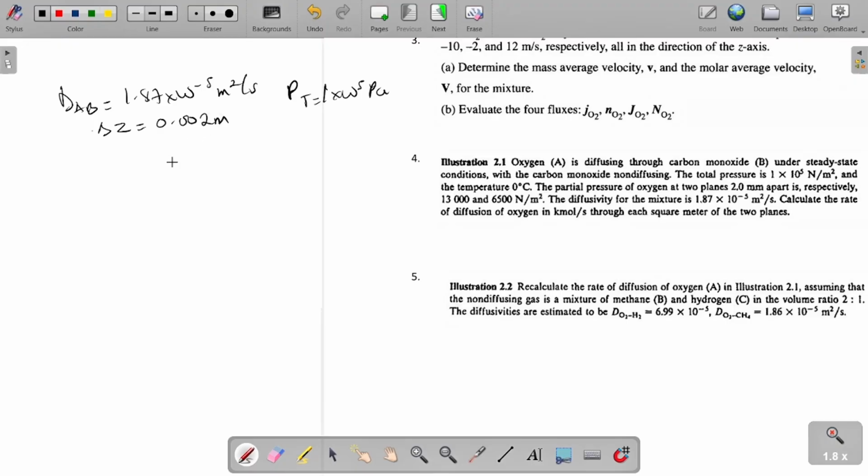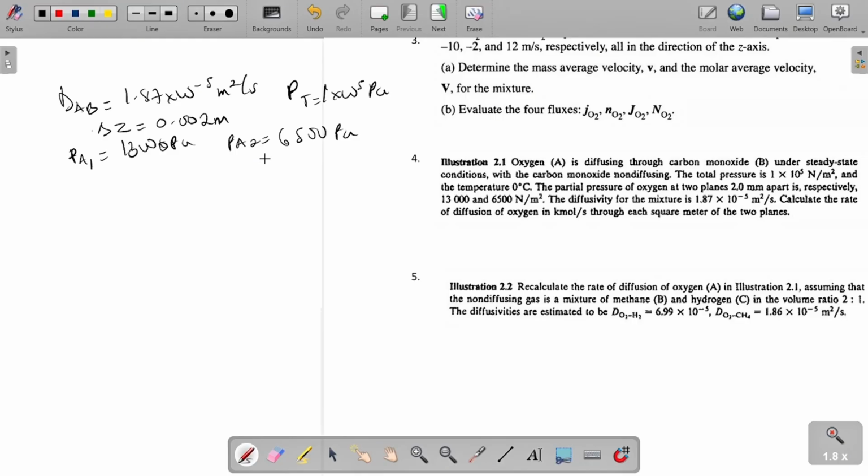They gave me the partial pressures at 2 points. The partial pressure for oxygen at point 1 is 13,000 Pascal, and oxygen at point 2 is 6,500 Pascal. That's for oxygen, which is A. So the partial pressures were given to us.